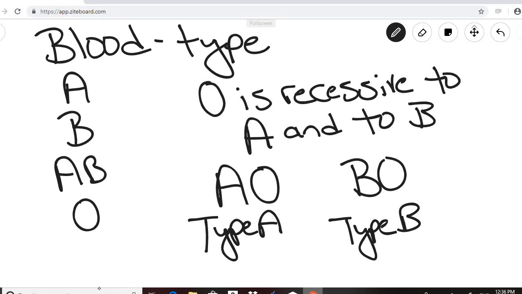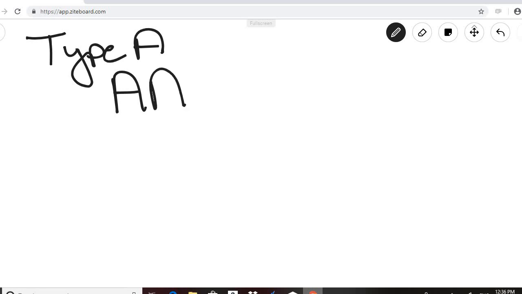So what are the ways that you could have type A blood? Okay, so for type A blood, your two alleles could be this. You could get an A from each of your parents, or it could be this. We got an A from one parent and an O from the other parent.